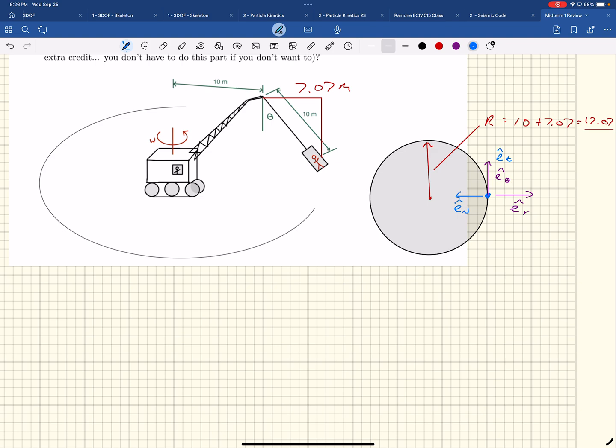Would one be easier? Nope, they're exactly the same, except one has a negative and one has a positive on the centripetal acceleration. Other than that, they're exactly the same because it's traveling in a circle.